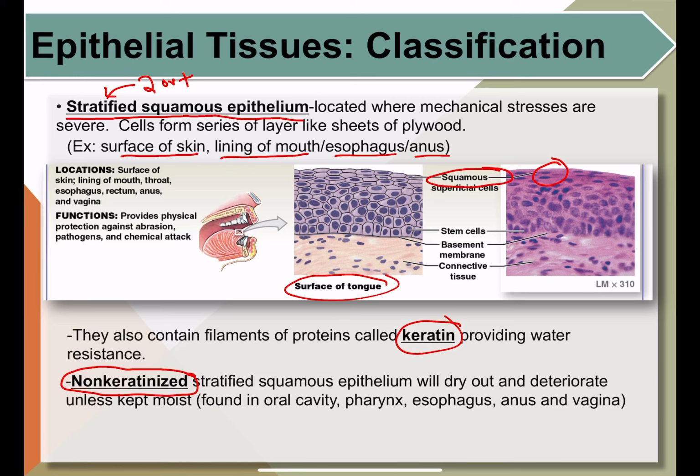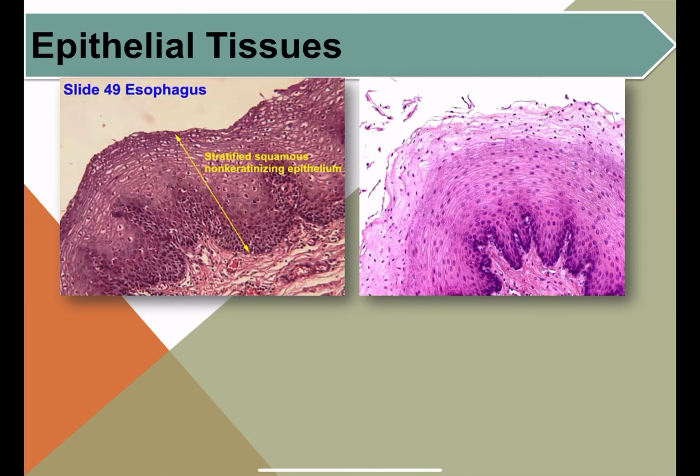This is why those surfaces need continuous secretion of mucus to keep them moist and not dry out. If they do dry out, they will deteriorate. That's why these areas need mucus cells, which we'll talk about in a bit, because they are non-keratinized.